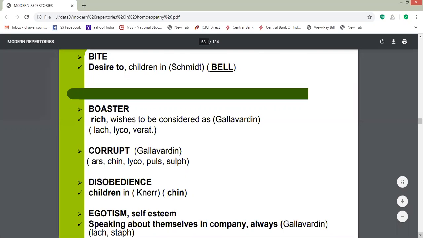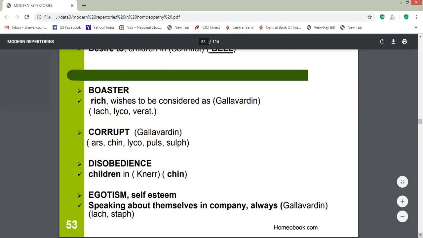Then disobedience, children in, which was taken from Nayer's repertory, and china was the indicated medicine. Then egotism, self-esteem, speaking about themselves in company always, which was taken from Gallaverdin's work, and lachesis and staphysagria are the indicated medicines for this rubric.